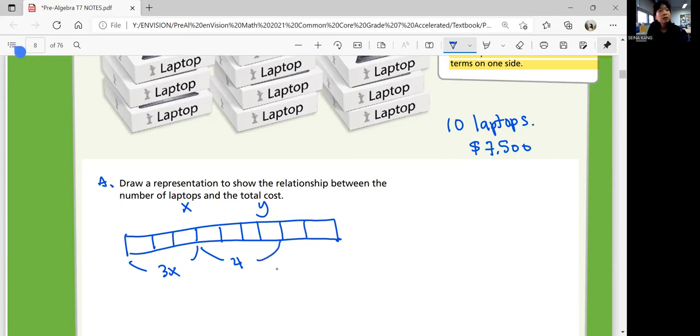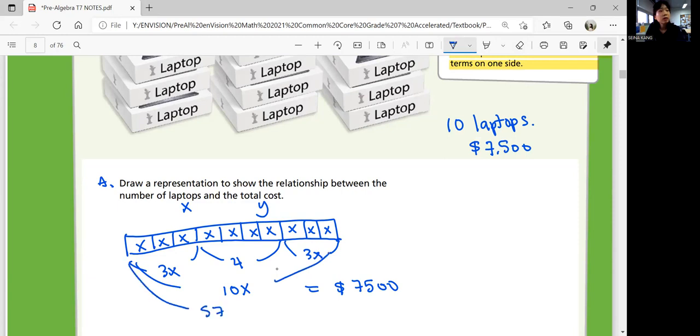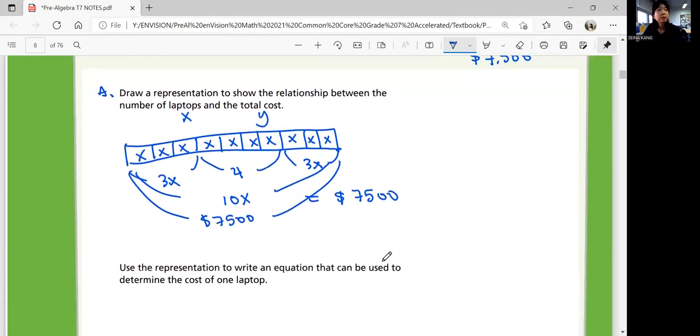Now we have another 3x. Okay, so these are number of laptops. 1x is a laptop. So together we have 10x, and that's equal to $7,500 together, right? In total, it's 10x, but it's also $7,500. Okay, so they're equal to each other.